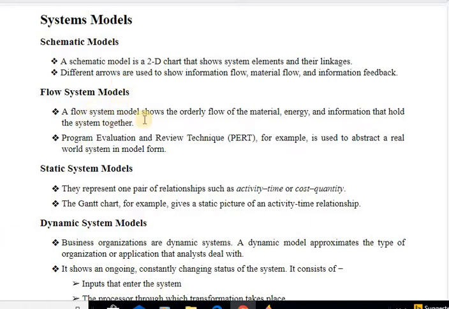A flow system model is a model that shows the orderly flow of the material, energy, and information that hold the system together. Like if I have put in an online order on some online shopping website, how am I going to proceed? First of all, I need to enter my user details, login ID and password.